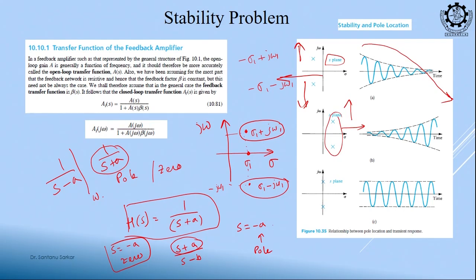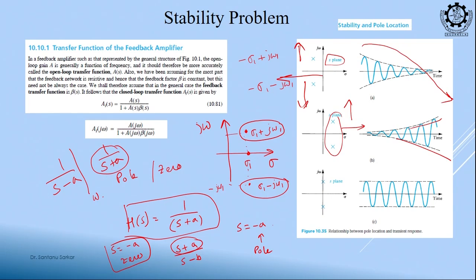What is your bound? Plus VCC and minus VEE. So that is your boundary, so your input should be within that boundary. So when will you say that it is unstable? Either it is going to saturate or cross the boundary, right. So this saturation is possible here.